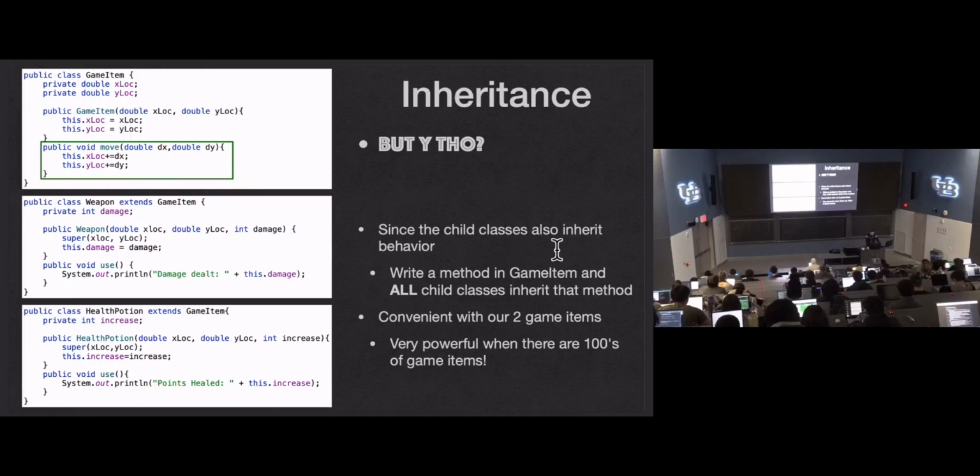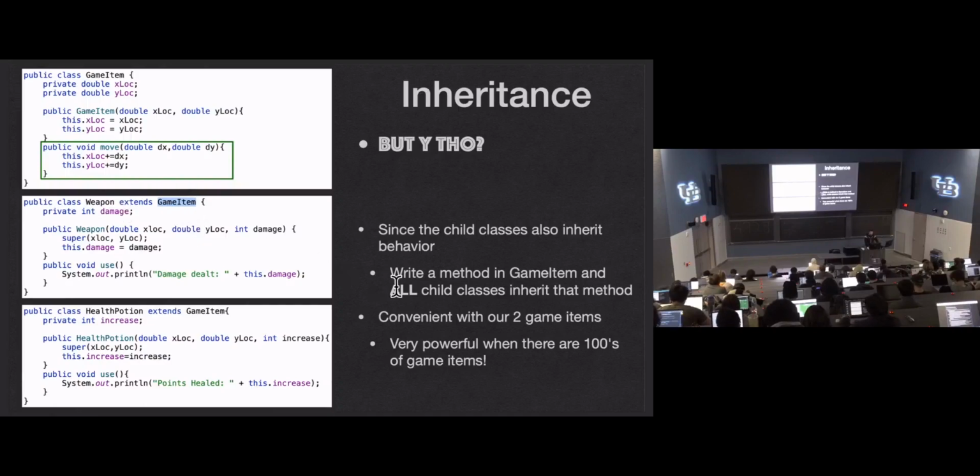So can you extend two classes? Kind of no. I can't say weapon extends game item and something else. I can't extend two classes like that. In 3 weeks when we talk about interfaces, you can implement multiple interfaces, but that's a topic for another day. You can only extend one class directly. So why my answer is sort of is you can indirectly extend multiple classes.